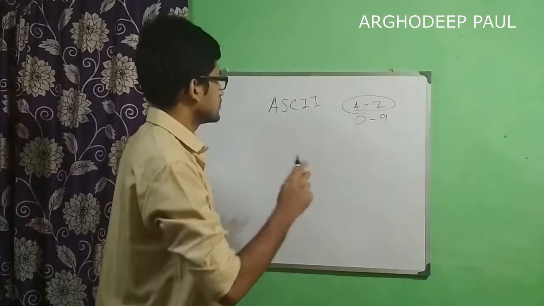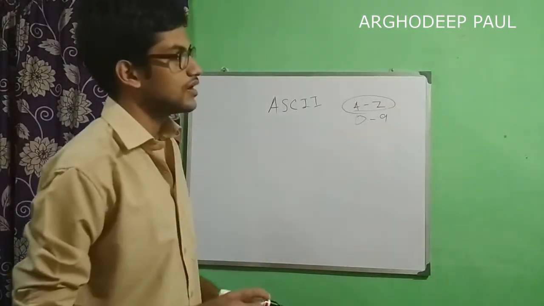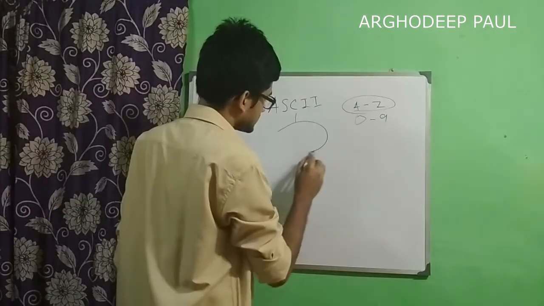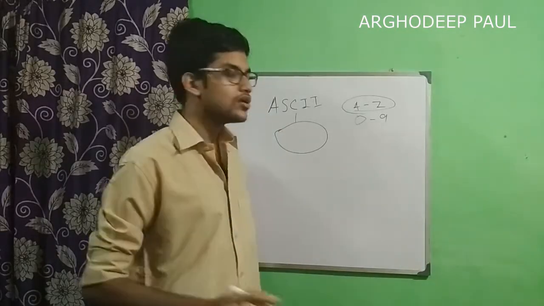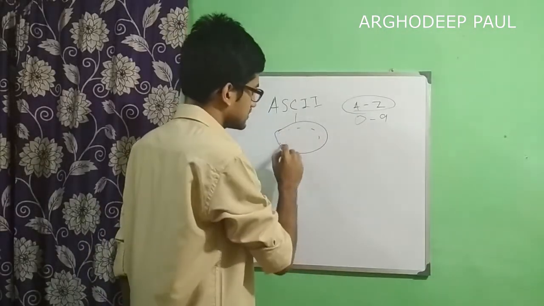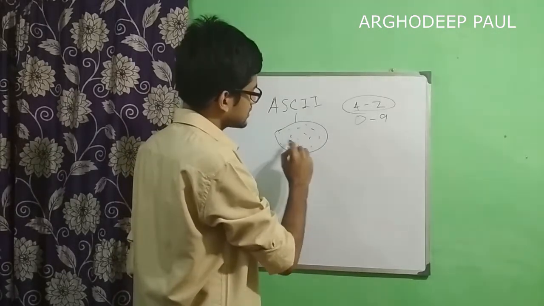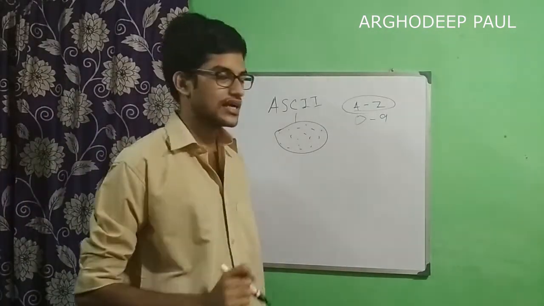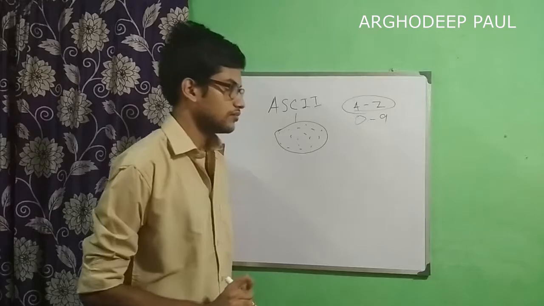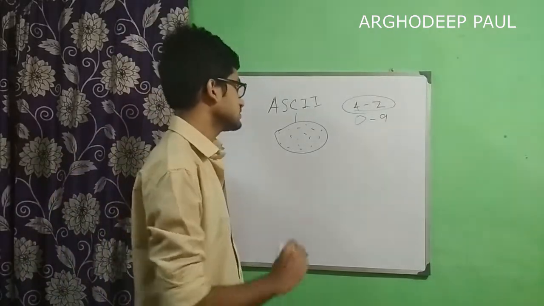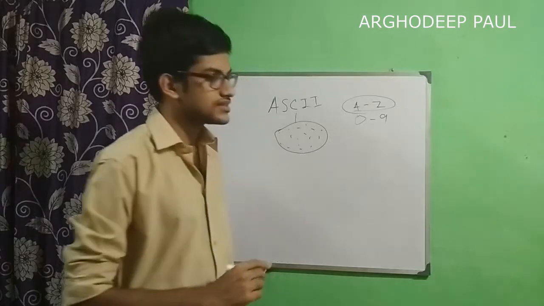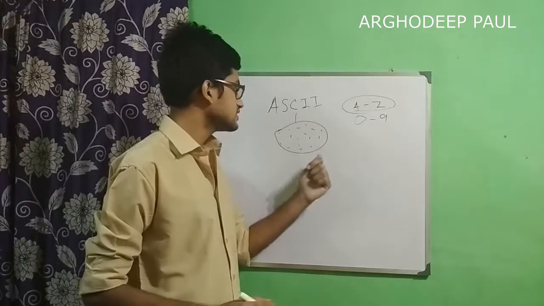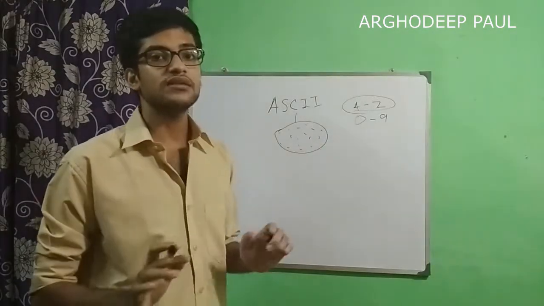Now, ASCII, how many characters are there in its character set? Let's say this is a character pool or character set. We have a lot of characters here. So how many characters can ASCII hold? A simple methodology is there, that is, the rule is ASCII always represents any of its characters in its character set using 7 bits.